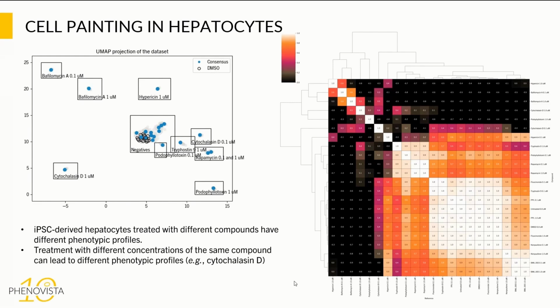So you can figure out with the ranked reference library where your test article falls. And if it clusters closely with another compound within that library, it may be that they operate in very similar ways through similar pathways or mechanisms of action.